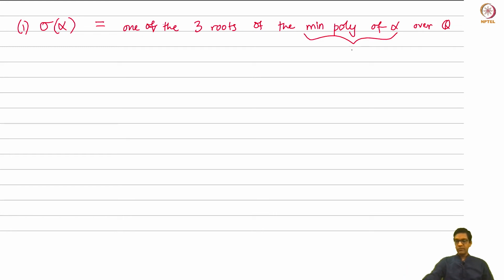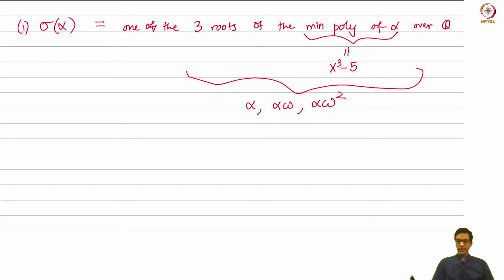And what was that minimal polynomial? We already said this, it was x cubed minus 5. And so what are the 3 possible roots of that equation? They were just cube root of 5, cube root of 5 omega, and cube root of 5 omega square. So there are 3 possibilities for sigma of alpha. It can either go to alpha, alpha omega, or alpha omega square.